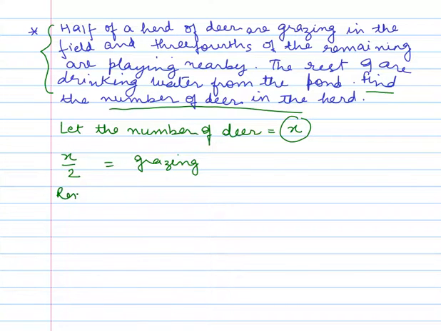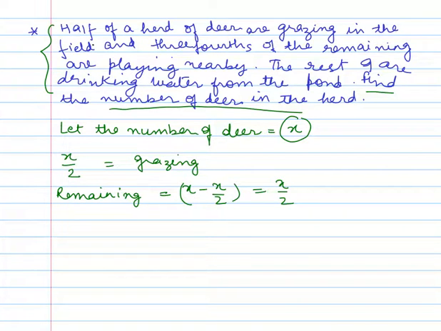The remaining deer, so x minus x by 2, these are remaining, which are again x by 2, right? These are the number of deer which are still remaining. So out of them x by 2 are grazing, and these x by 2 we don't know what they are doing. Let's look at the question.